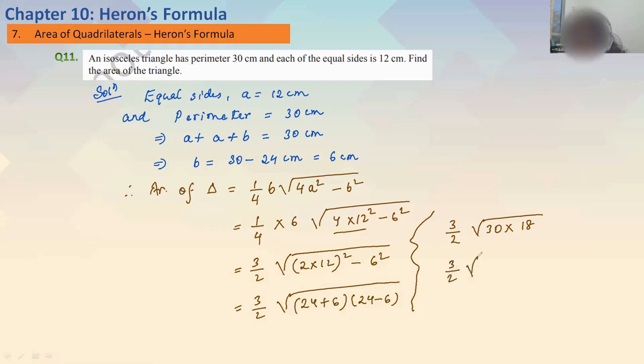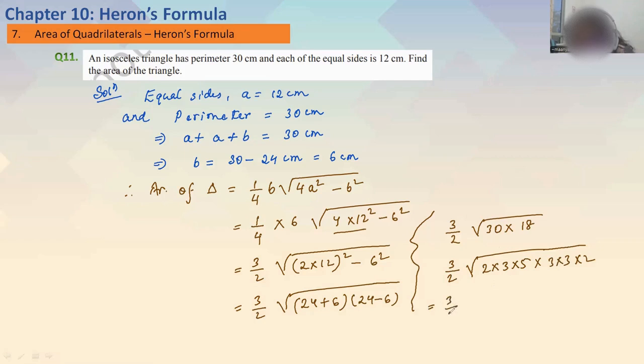Then we have 2 as well, right? Let's factorize it slightly. 30 is 2 into 3 into 5, and 18 is 2 into 3 into 3, right?